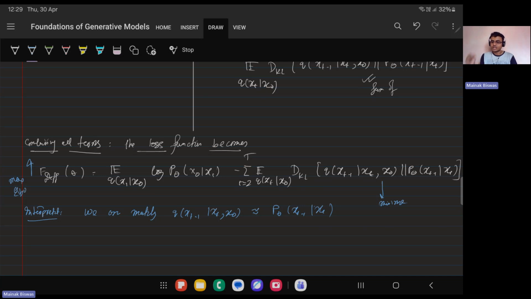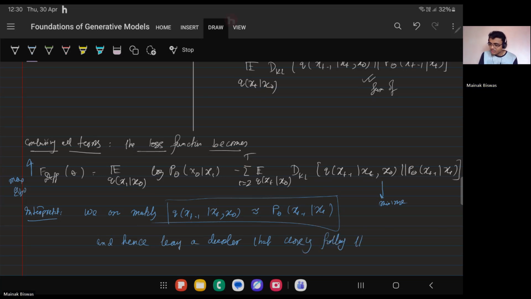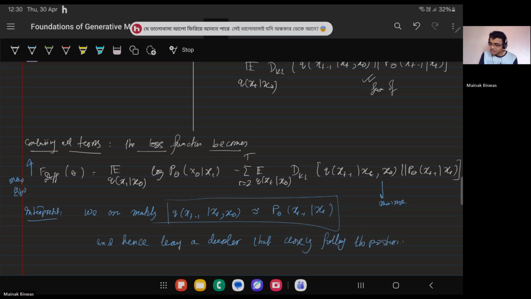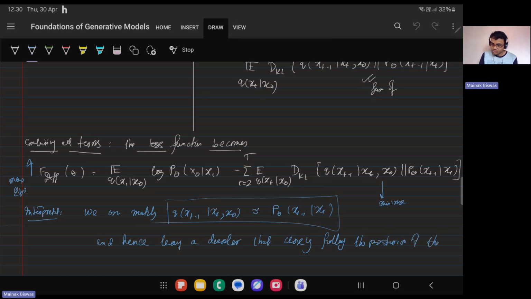So what we are going to do is make the reverse process, learning a decoder that closely follows the posterior of the variational distribution. This is what we are trying to do.